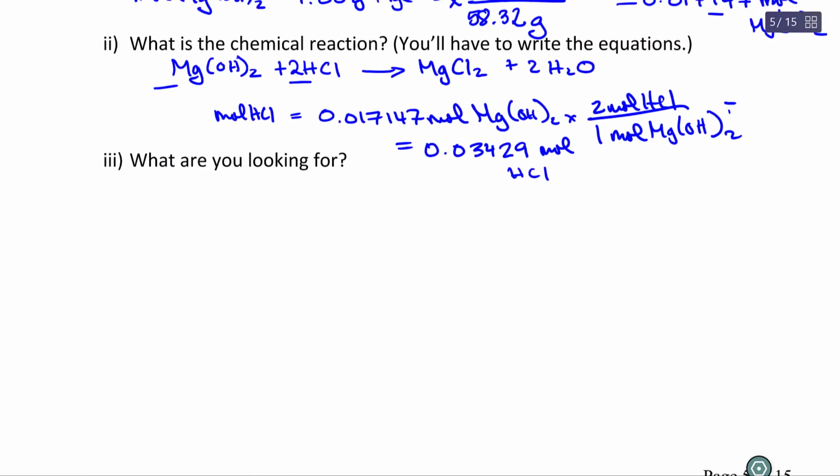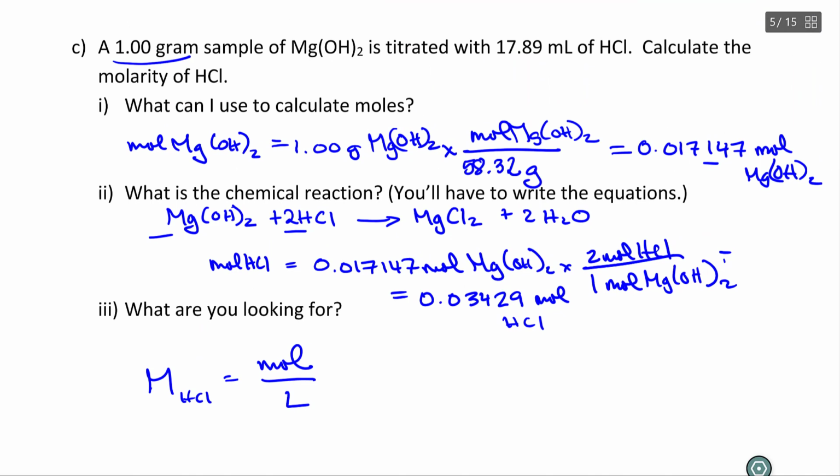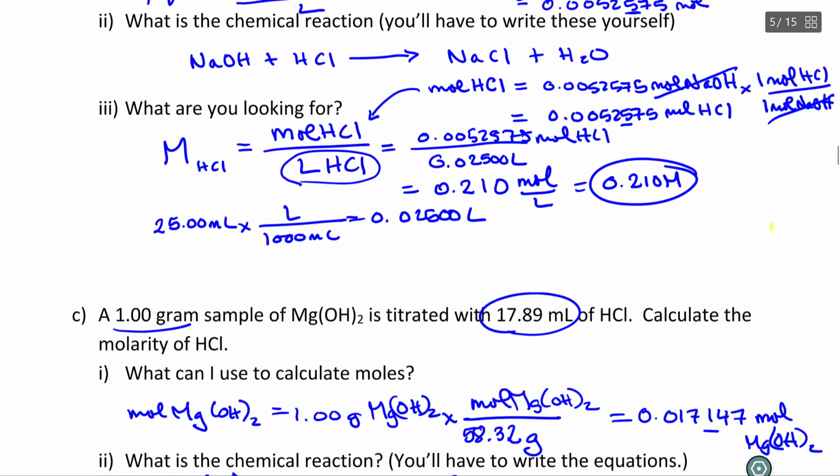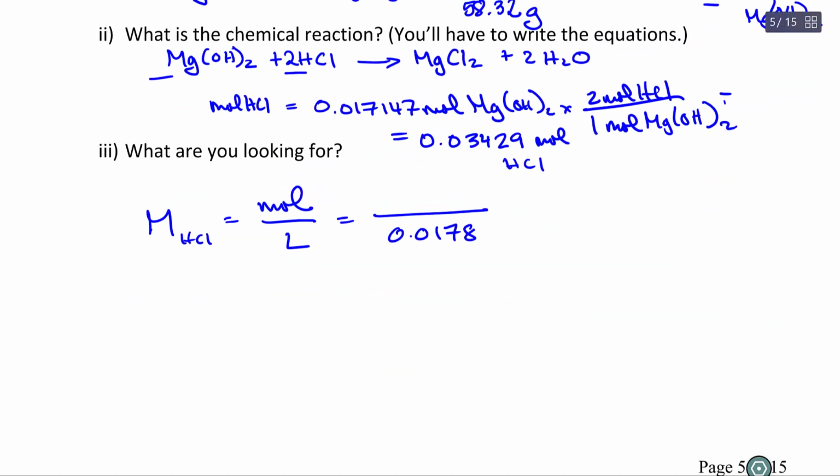And then finally, what are you looking for? Well, you're looking for the molarity of the HCl. And again, this is moles per liter, whatever you're asked for, but in this case it's molarity. And so the problem is, and this often happens in titration problems, because the device that we use for measuring measures in milliliters. It's 17.89 milliliters of HCl. So it's going to be 0.01789 liters of HCl for every, and the top is going to be 0.03429 moles of HCl.